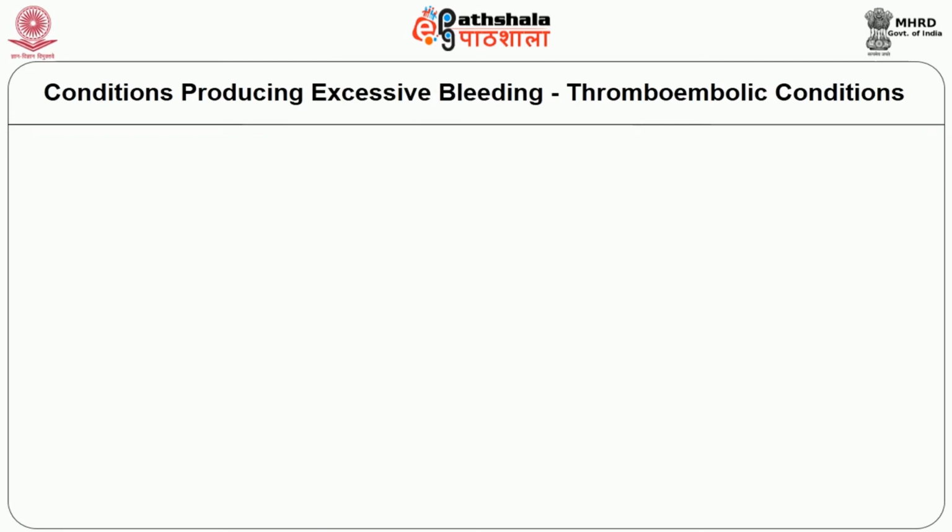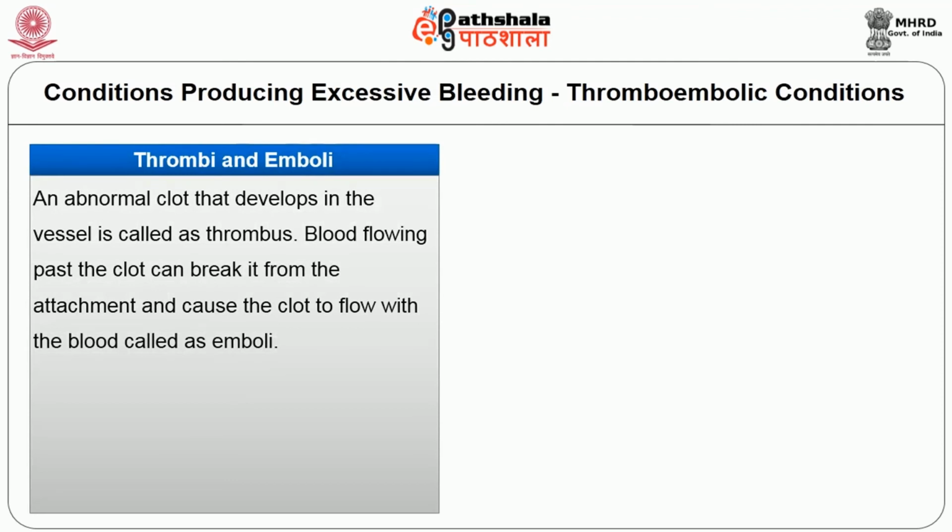Now, we will see the disorders which produce a thrombus or embolus, called thromboembolic conditions. What is a thrombus and what is an embolus? An abnormal clot that develops in a vessel is called a thrombus, and when blood flows past this clot, it can break the clot from its attachment and carry it along with the blood, called an embolus.